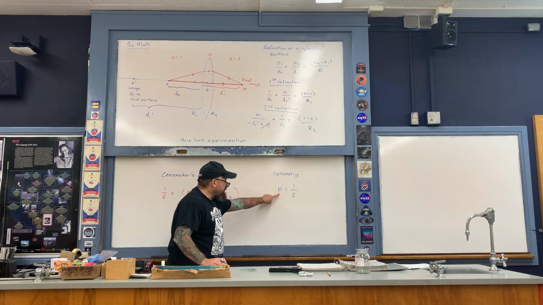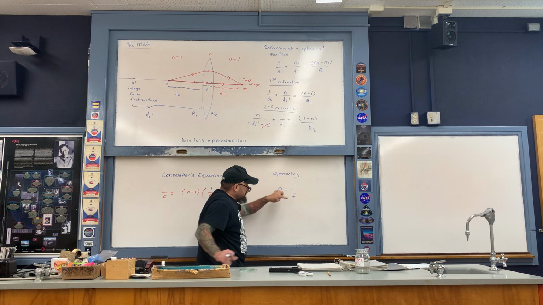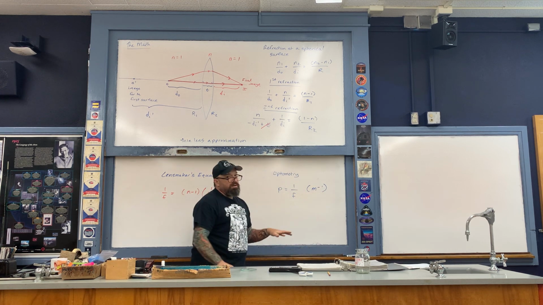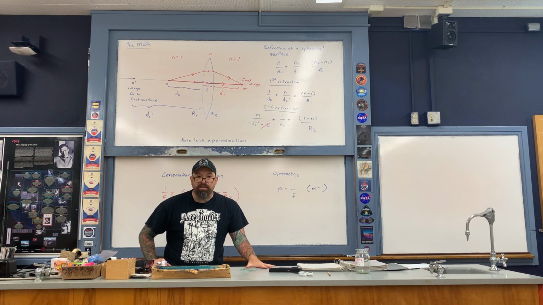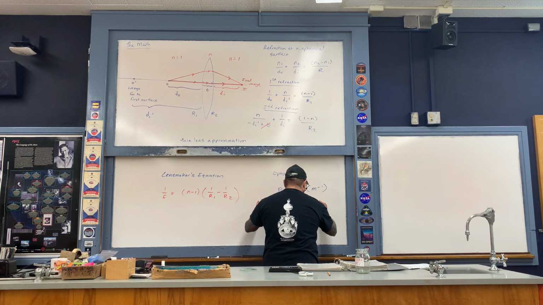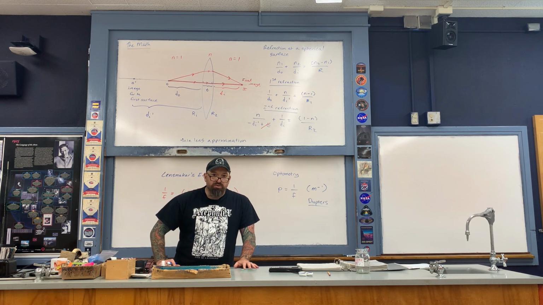The power of the lens is measured in terms of 1 over distance, in meters to the -1. This quantity right here, when talking about optometry, is sometimes referred to as a diopter. So that's specifically what your prescription is if you go to an optometrist.